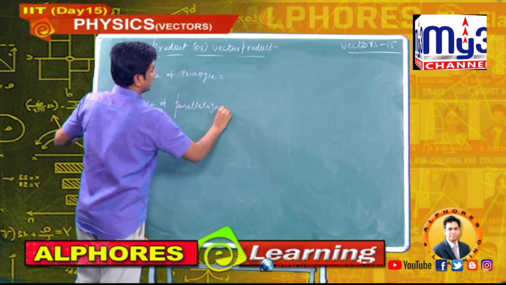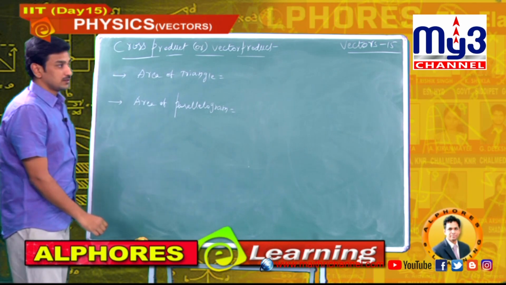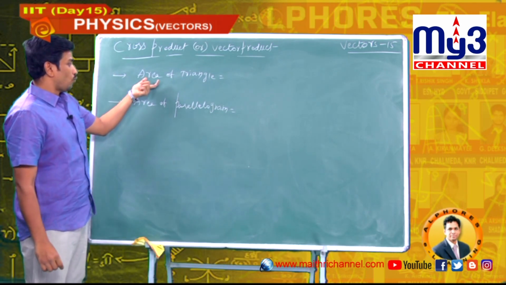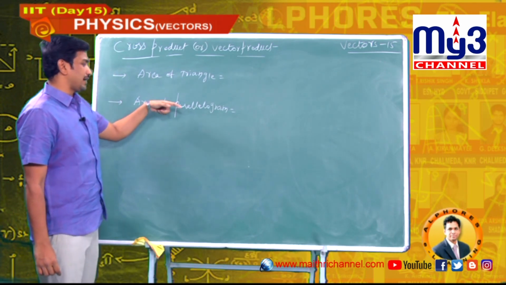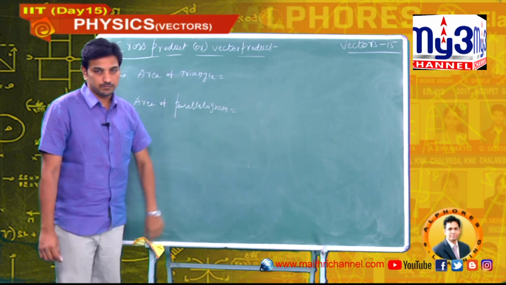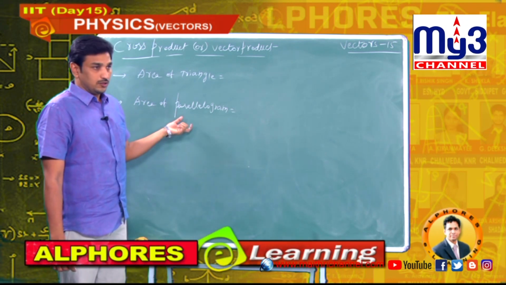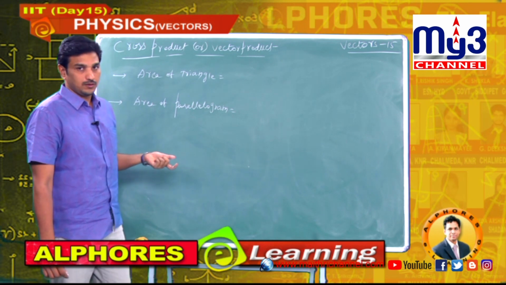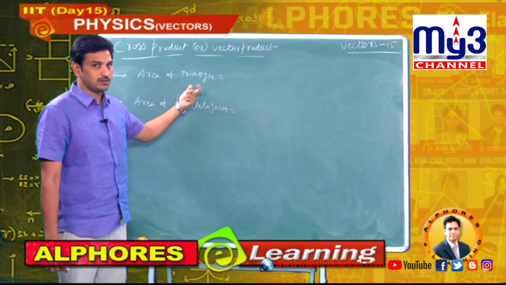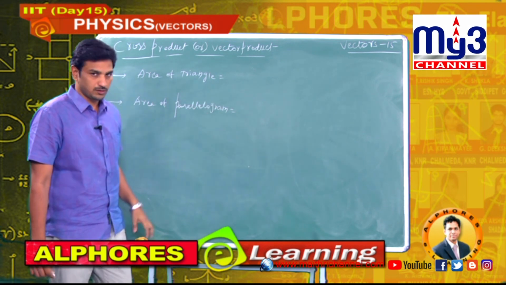Both values we can find by using the cross product. Now, what is the formula for finding the area of a triangle and the area of a parallelogram? I will try to prove that. After proving that, I will directly take these formulas for solving the problems.